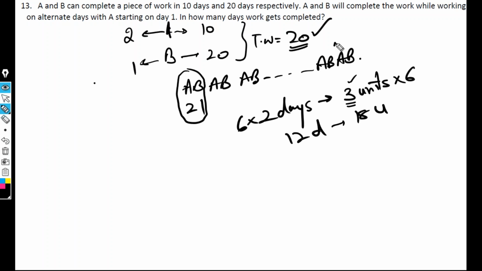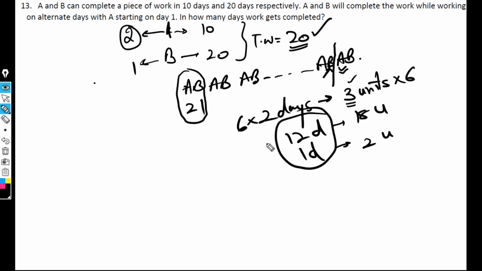So on the 12th day, B has worked, and the next day is the turn of A. So 2 units of work are remaining, and A can complete 2 units in 1 day. So A will take one more day. Answer comes out to be 13 days. Is it clear, everyone?